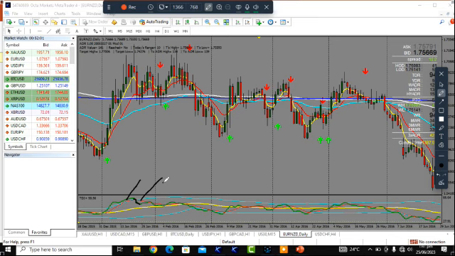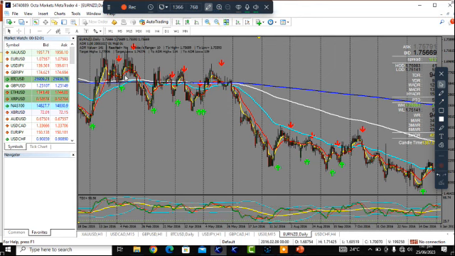Now don't get it wrong. If you must use this TDI, you should have been able to do your analysis and probably know where the price direction is going to, so that you don't make the mistake of entering wrongly.